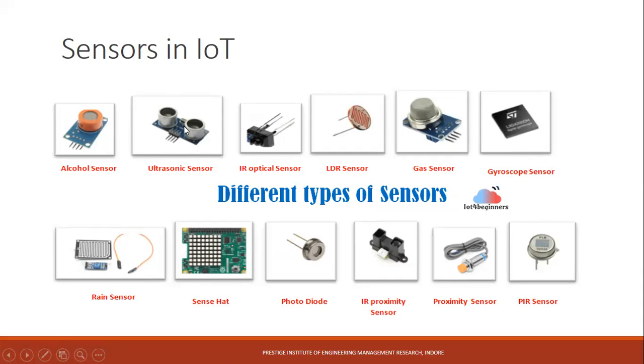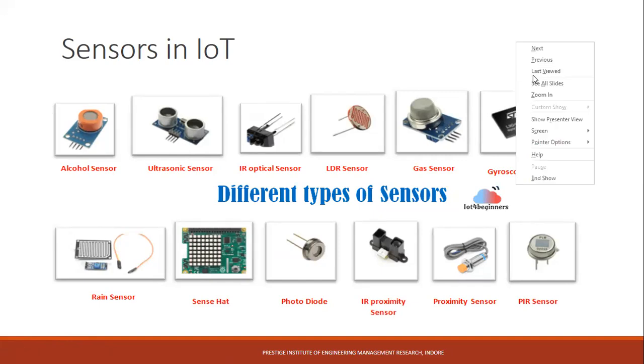Inside this sensor, there are some blocks, some components. There are different blocks which are responsible for the action. What action? That is conversion of physical quantity into the electrical quantity.